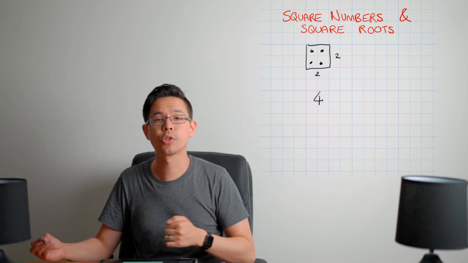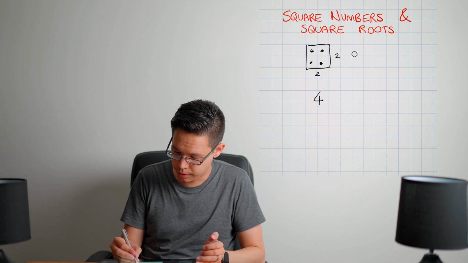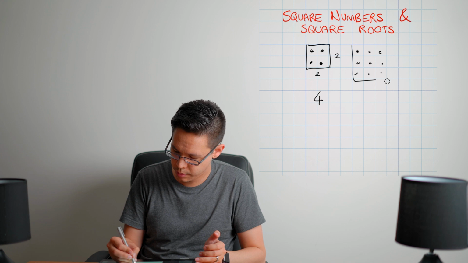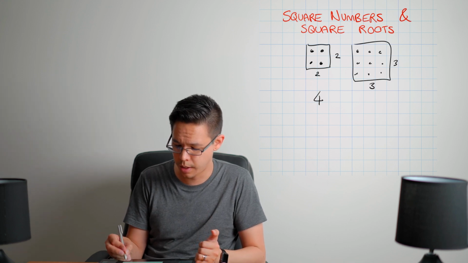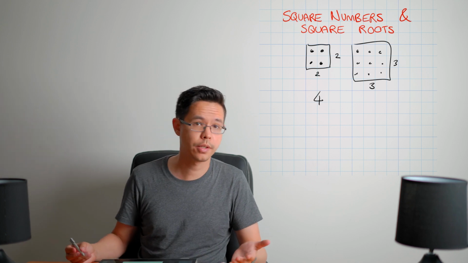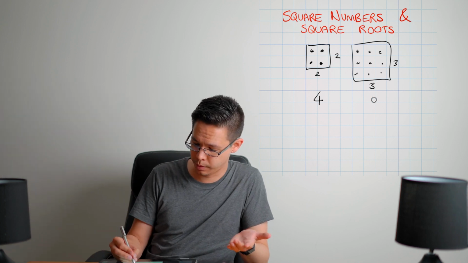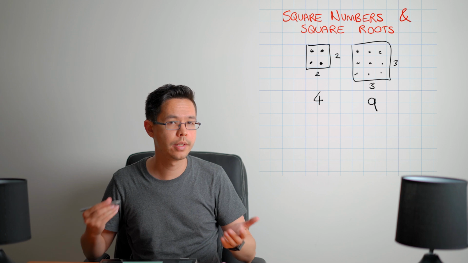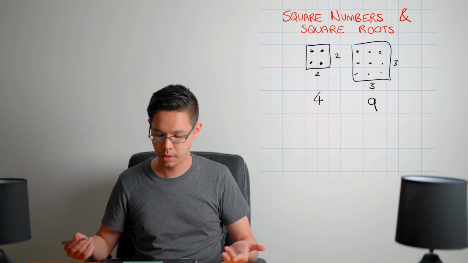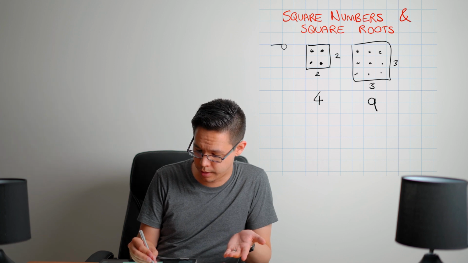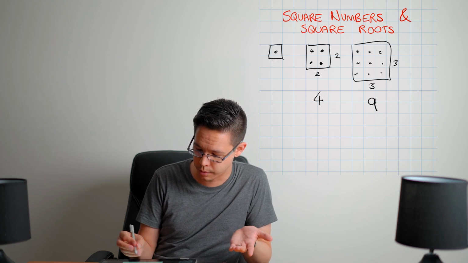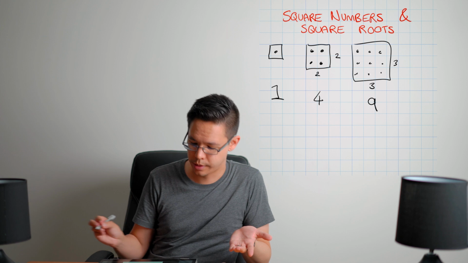The next biggest square that I could make will be 3 and 3, so 3 across and 3 in height. That's another square number. If I count all those dots up, it's 9. 9 is a square number or a perfect square. I could go down this line here, and I could make a square with just a width and height of 1. So 1 is also a square number.